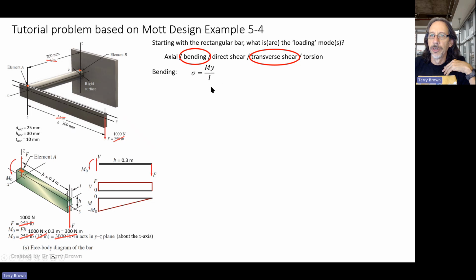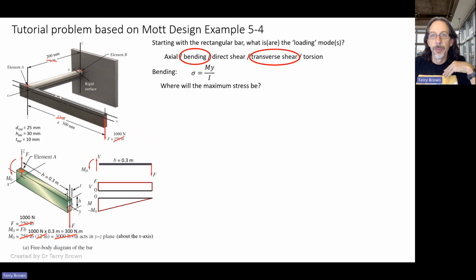We'll get to Y and I in a second. Here we've taken a cut somewhere, drawn a free body diagram, and we've got our internal bending moment and internal shear force. And we can draw the shear force and bending moment diagram.